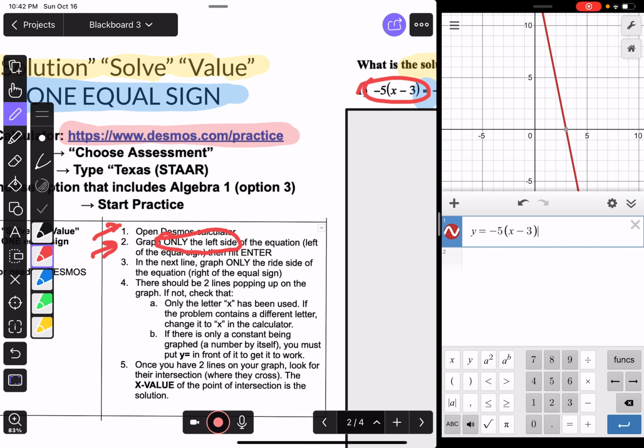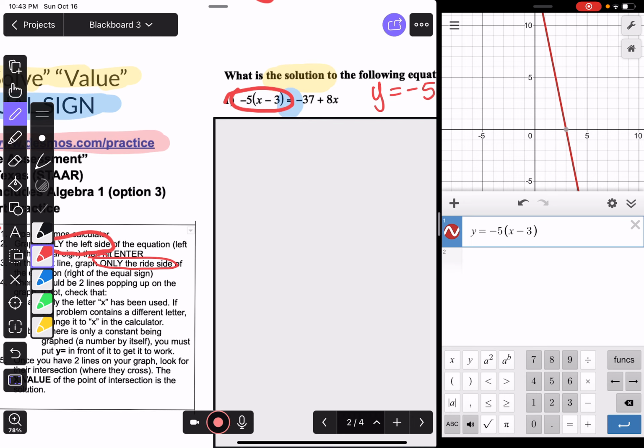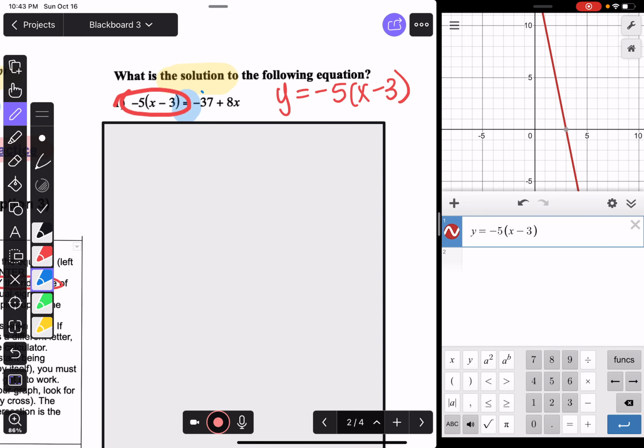So the next step is, in the next line, graph only the right side of the equation. So now we'll change colors. Now we're going to graph only the right side of the equation, which is -37 plus 8x. So again, it's good practice to go ahead and do y equals.